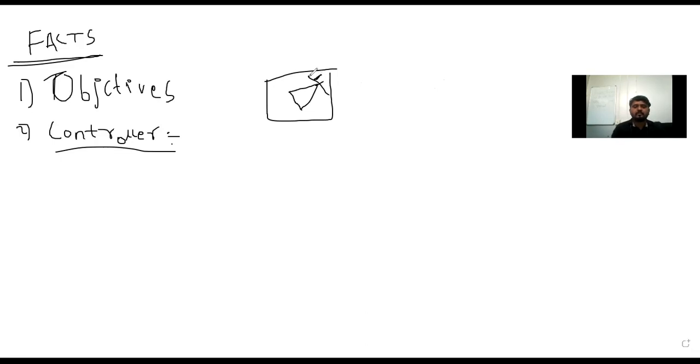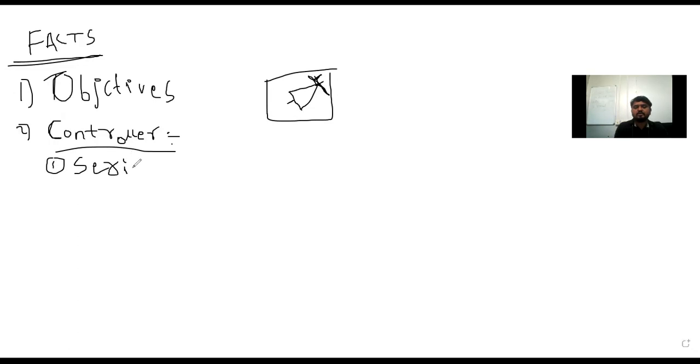This is called the FACTS controller. This device we are going to use as a FACTS controller. These controllers are classified into four types. Number one is called series controllers.